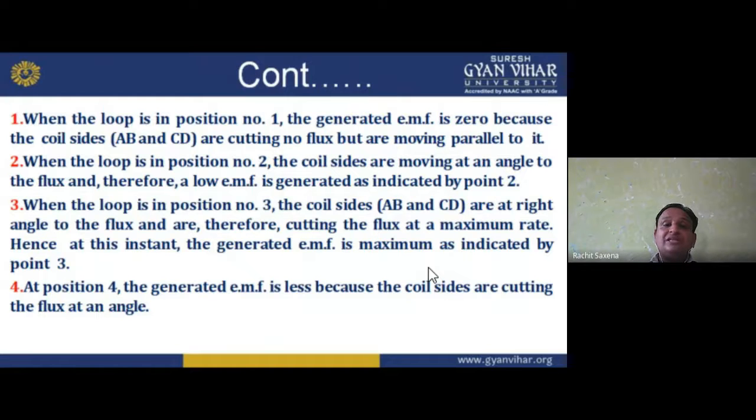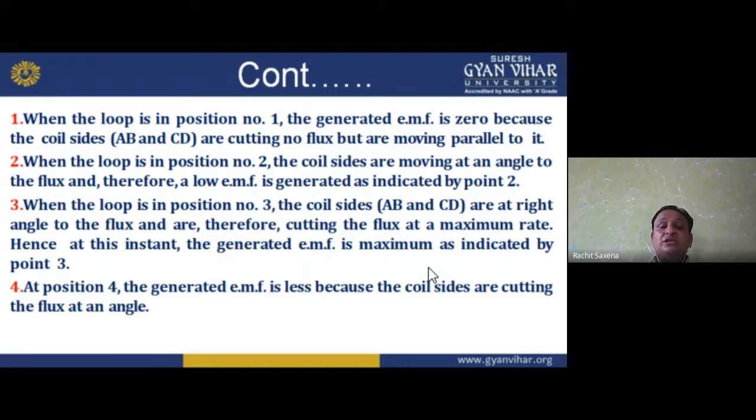When the loop is in position number 1, the generated EMF is 0 because the coil sides AB and CD are cutting no flux but are moving parallel to it, so no EMF is induced.